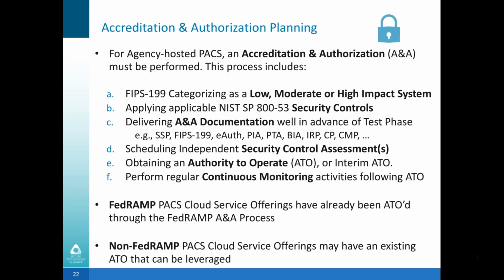So accreditation and authorization is a FISMA requirement for federal IT systems. This slide won't necessarily apply to commercial PACS, but it is a key requirement for IT systems placed within the federal government.